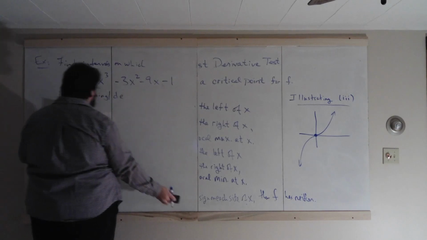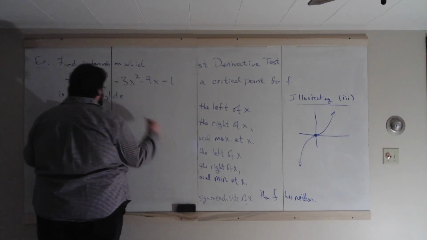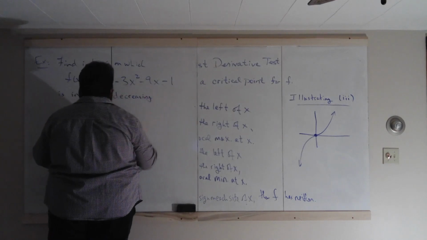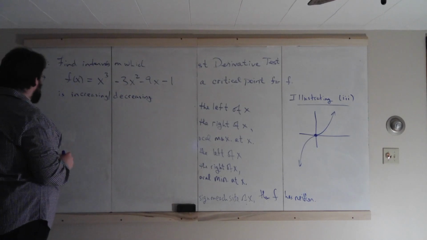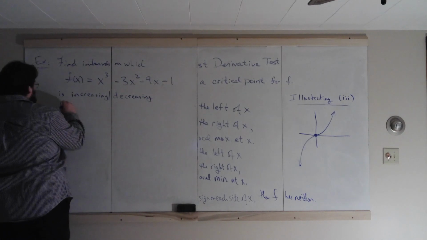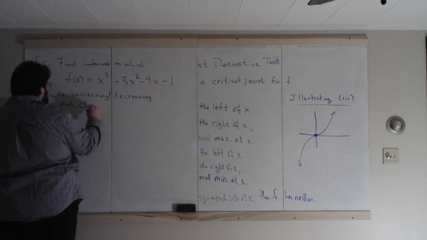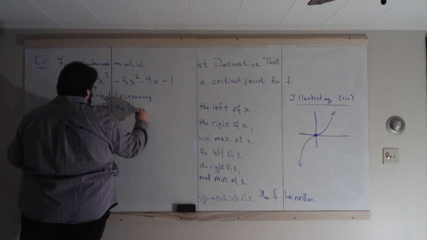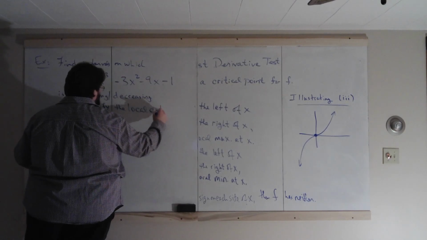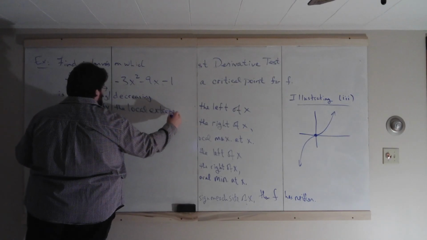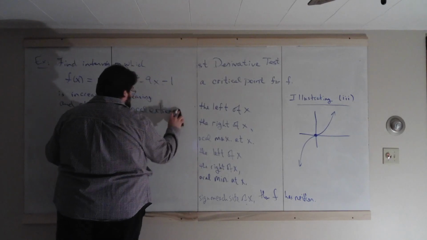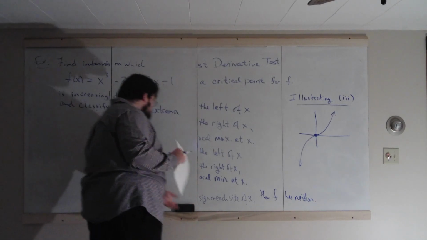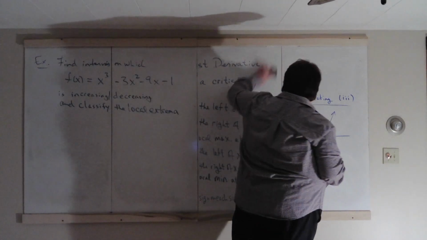Find the intervals on which it's increasing and find the intervals on which it's decreasing. Find intervals on which f is increasing, decreasing, and classify the local extrema. I'll just say extrema. I was going to write extreme values.